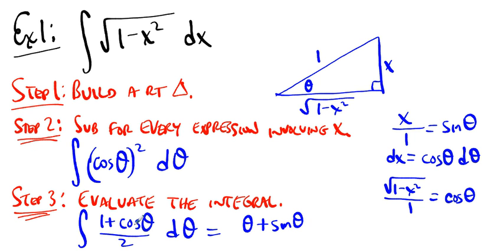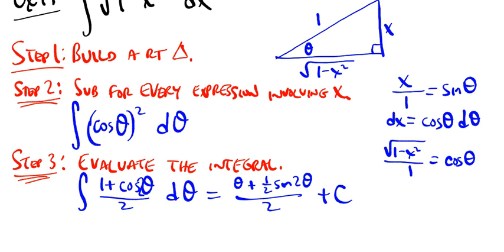Nope, that's not true. To show you what a nice guy I am, I'm not even going to go back and redo this. It's 1 plus the cosine of the double angle. And all of you who were screaming at your YouTube, you were right. It's 1 plus the cosine of the double angle, which means we have theta plus 1/2 sine 2 theta over 2 plus a constant.